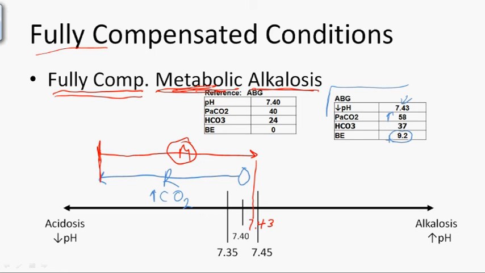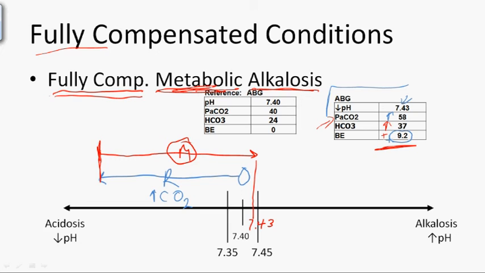So what I'm insinuating with this classification is that by decreasing my minute ventilation, by allowing my CO2 to rise, I'm making the body more acidotic to compensate for this chronic alkalosis. And this could be because of kidney failure or something where I'm retaining lots of bicarbonate. You notice the bicarbonate levels are very high. I have a positive base excess.